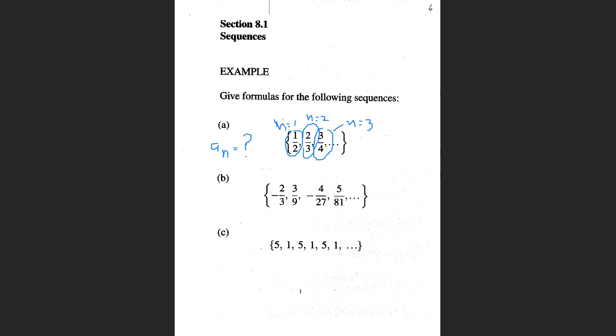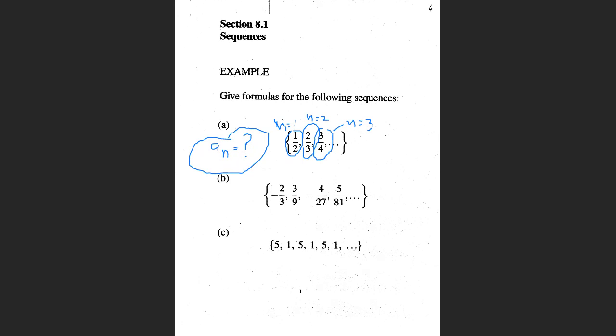But what we want is a general pattern for the sequence. So what do you think the general pattern for that sequence is? Felicity, a very good point. We're assuming n starts from 1.